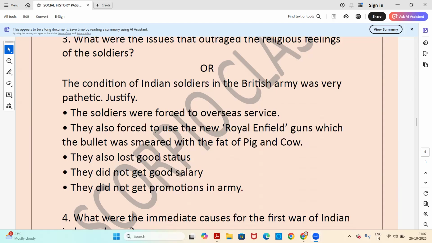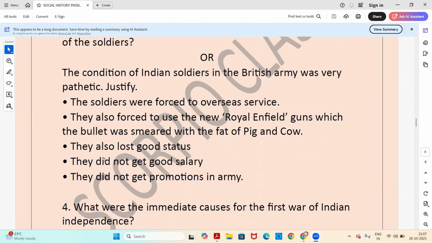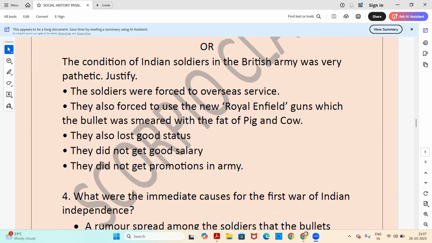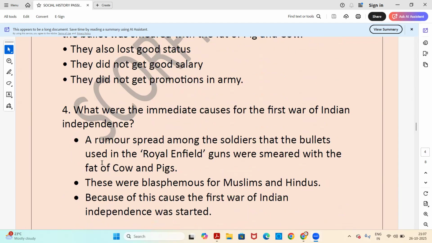They were also forced to use new Royal Enfield guns, whose bullets were smeared with the fat of pig and cow. They also lost good status and did not get good salary. They did not get promotions in army. So these are the points, mentioned in points so that it is very easy for you all to remember.